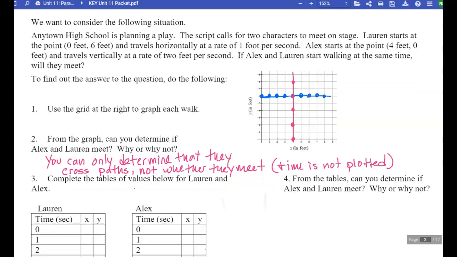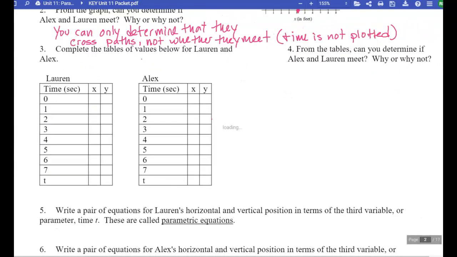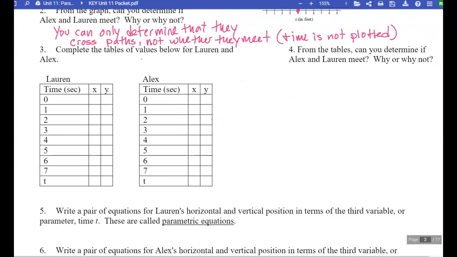Okay, so let's try then looking at this a different way. Let's try looking at this based on tables. So Lauren is said to start at the point 0, 6. She travels horizontally 1 foot per second, right?